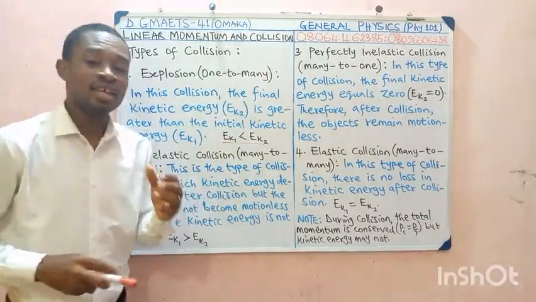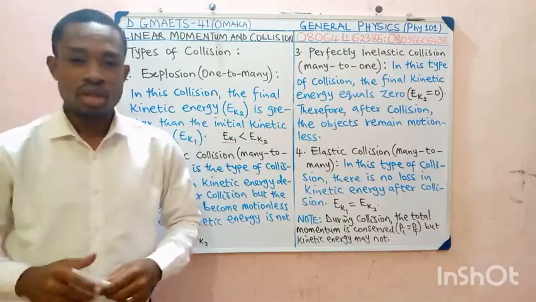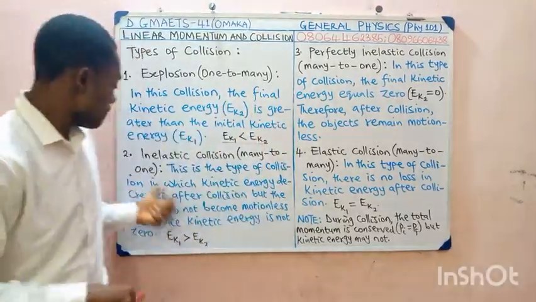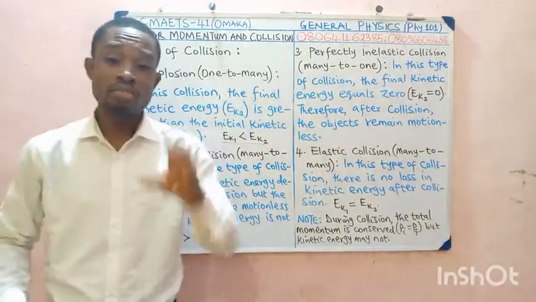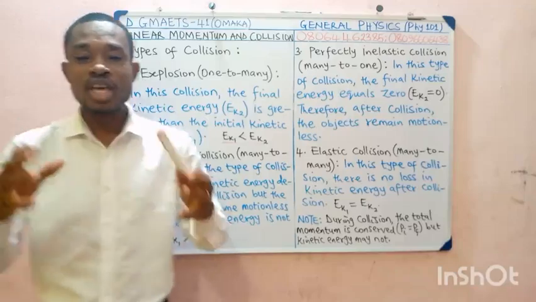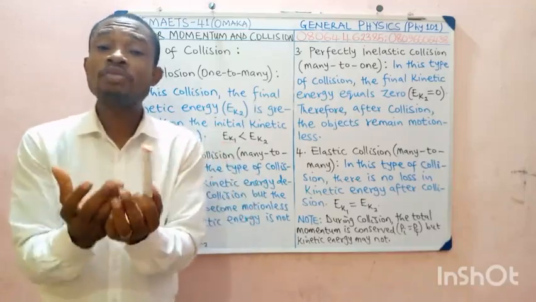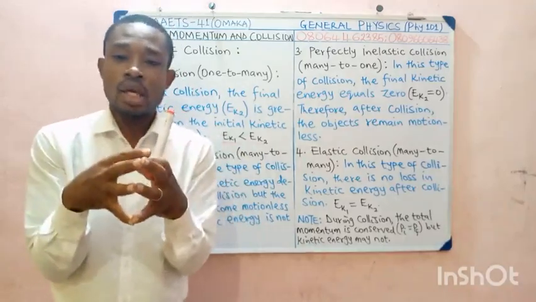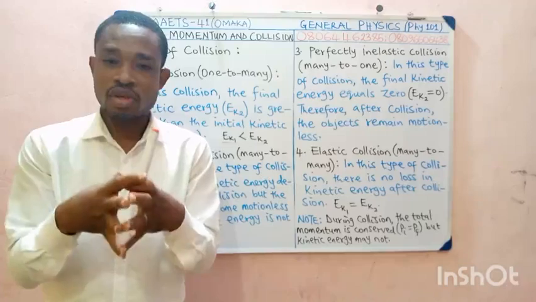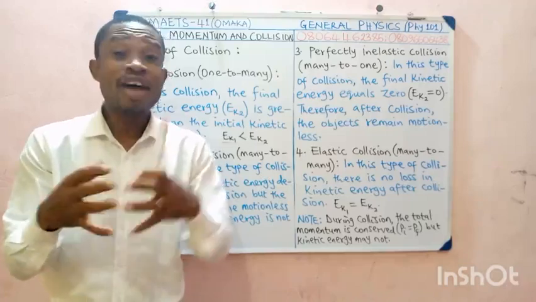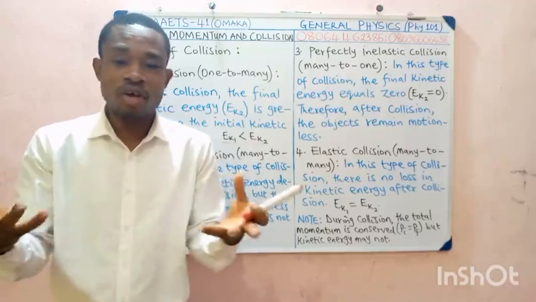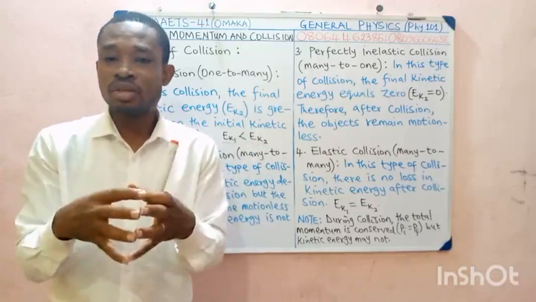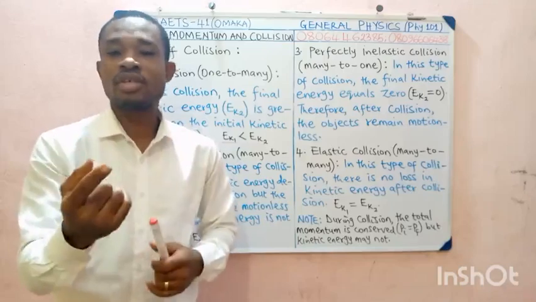Now let us quickly move on to another type. We want to consider inelastic collision. Inelastic collision is also a many-to-one type of collision. Many to what? One. It happens in the case where you have two or more objects interacting, but when they collide, they stick. So it forms a single system, a unit. You have more than one of these objects initially, but after collision, they stick together to form a single unit.